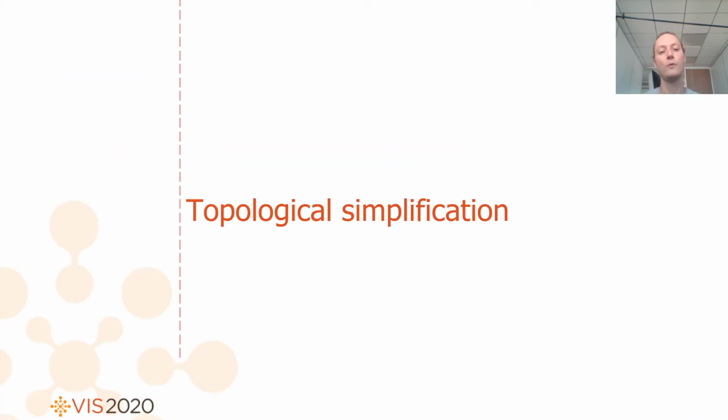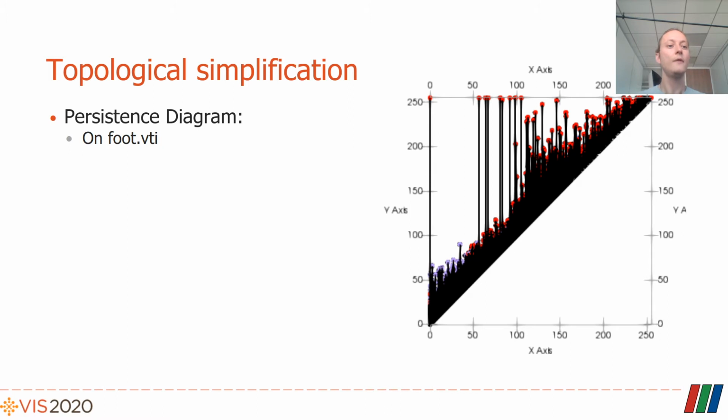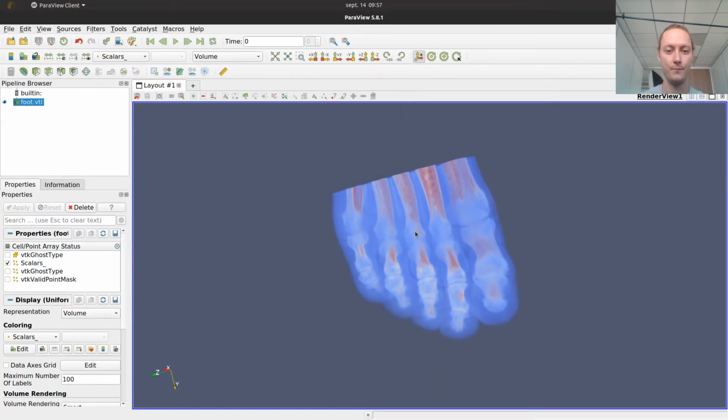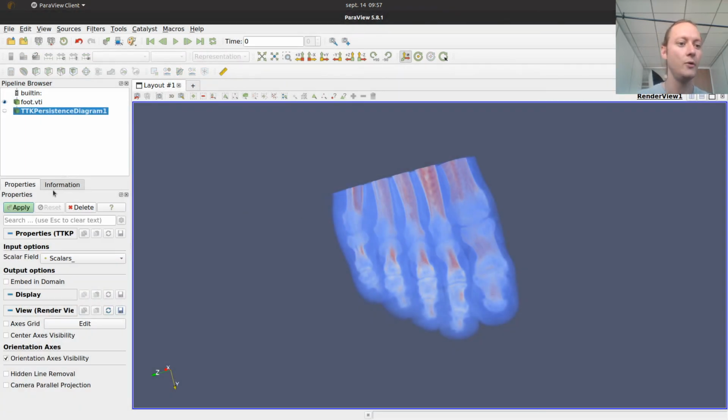Let's do this topological simplification together. We want to keep the areas attached to the 5 most persistent maxima. Let's compute a persistence diagram to see how many features we have in the dataset. We can use the default properties here.